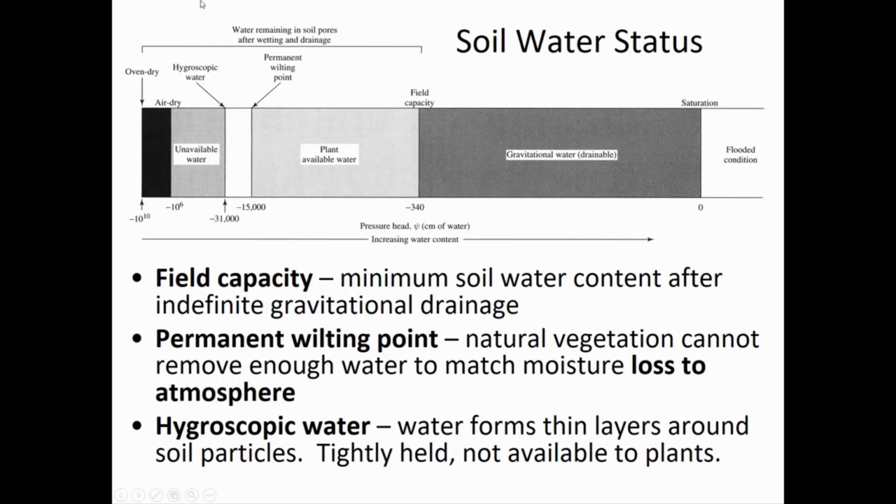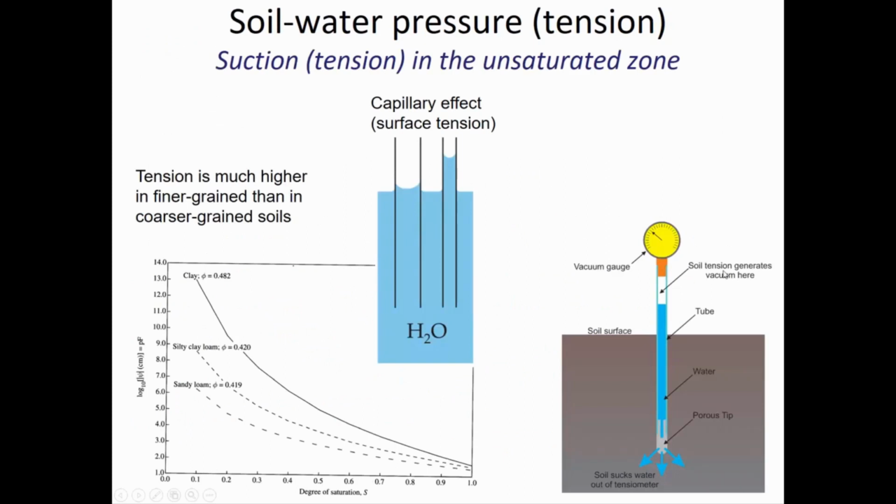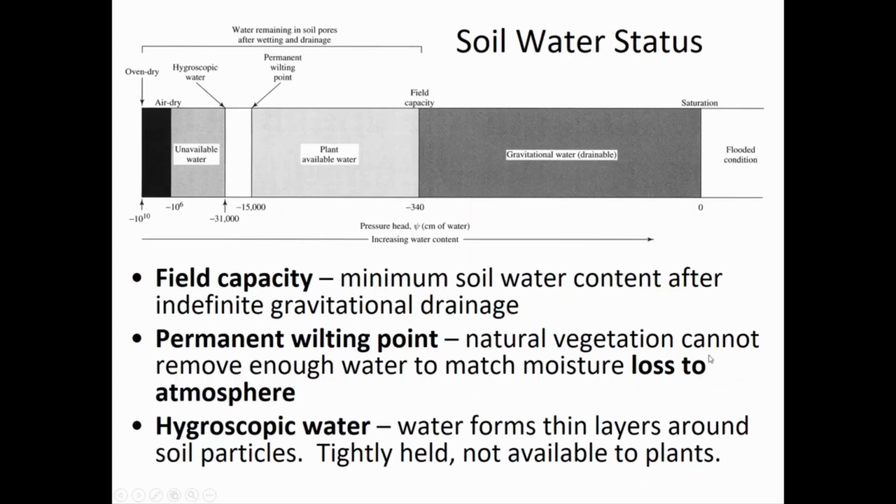This figure is a representation of the amount of water and the pressure head, and it's negative here because it's a suction. It's the similar kind of experiment we saw with the tensiometer, where if the water is fully saturating all of the voids, then there isn't going to be a suction tension pressure at all.